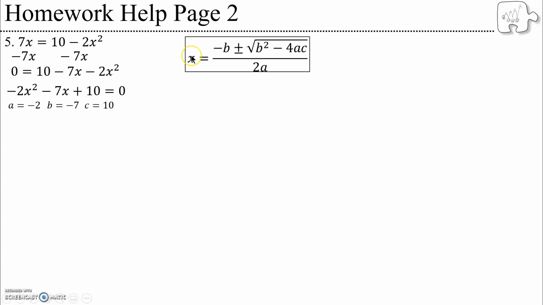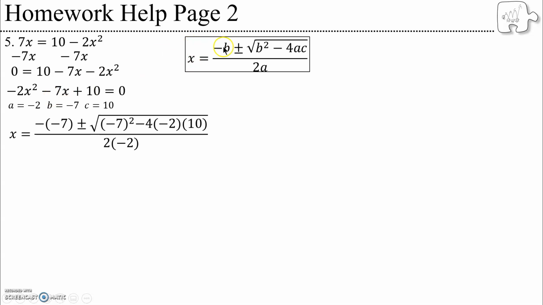We'll say x equals, remember this negative we could think of as the opposite. So x equals the opposite of, and instead of b, we're putting in negative 7, plus or minus, instead of b squared, we're saying negative 7 squared, minus 4, and instead of AC, we're saying negative 2 times 10, over 2a, we're saying 2 times negative 2.